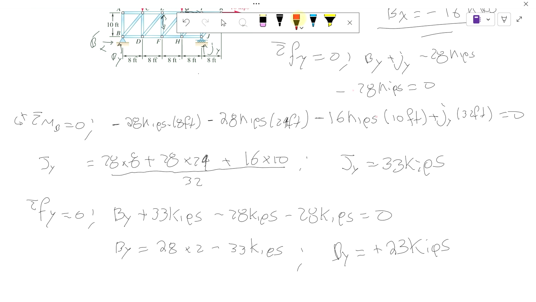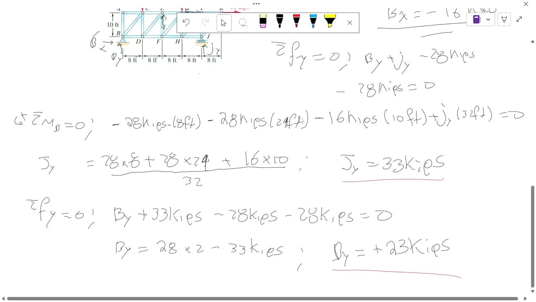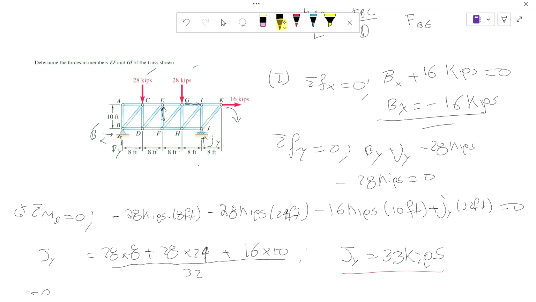All right, so we have Jy, By, and we also found Bx. Okay, so now we can find the forces they're asking us for, EF and GI. So let's do EF first. We can only cut 3 members, 3 elements.